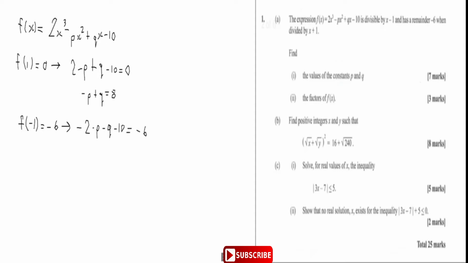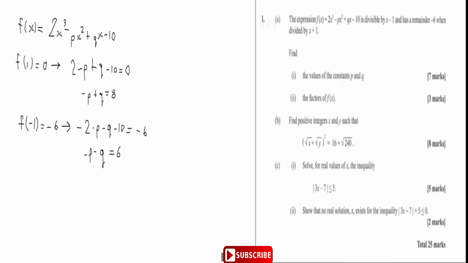Nice. So now what we end up with is two equations. I'm going to rewrite this as minus p minus q equal to, when I bring over minus 2 minus 10 which is minus 12, it becomes plus 12. Plus 12 minus 6 is 6.